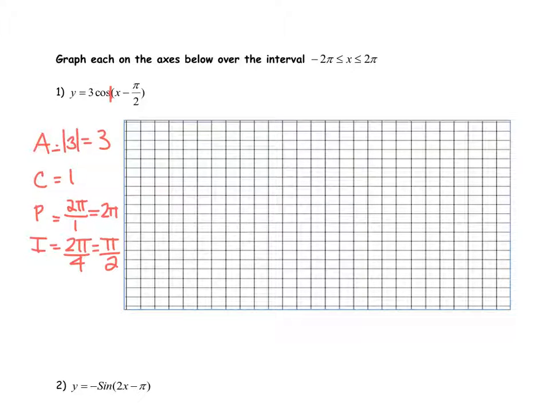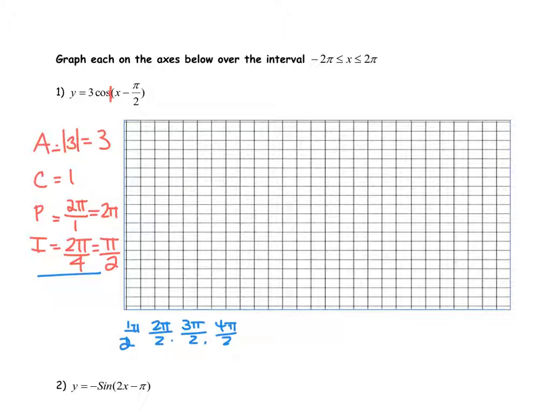Now we're still going to do what we count by because we want to go up to 2 pi. So I'm going to take this interval and make it 1 pi over 2, 2 pi over 2, 3 pi over 2, 4 pi over 2. And I think I can stop there because 4 pi divided by 2 is in fact 2 pi.